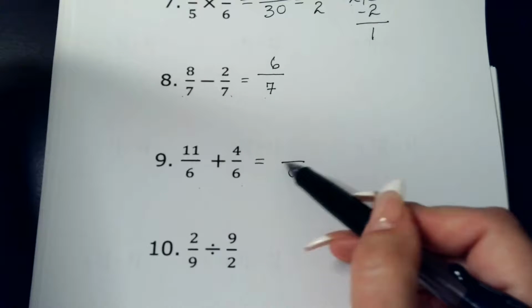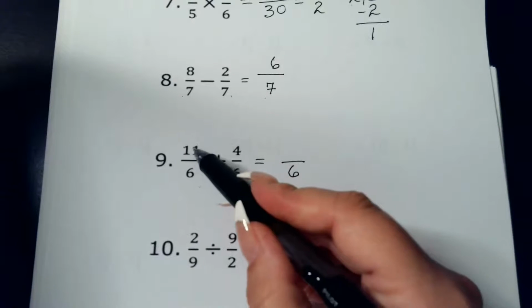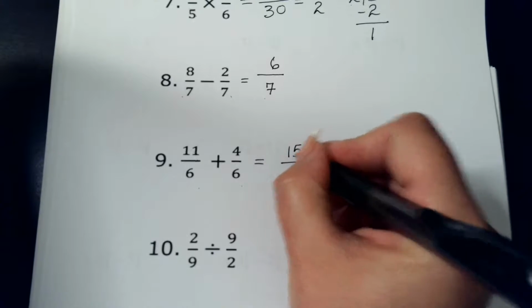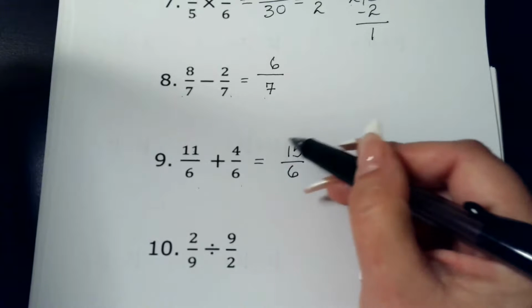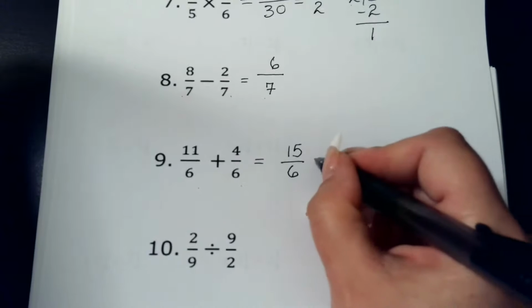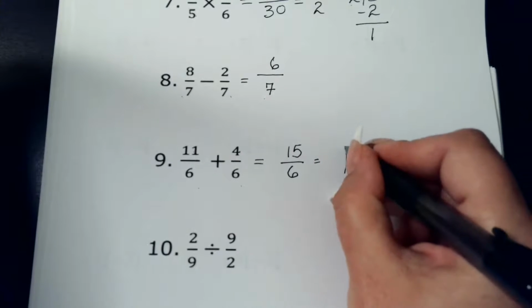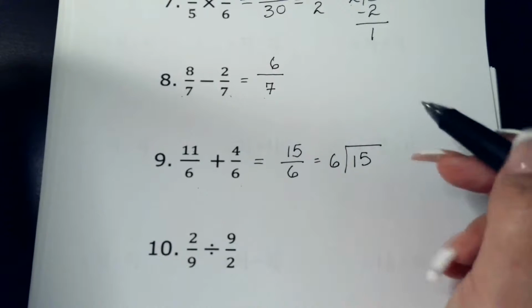In addition and subtraction, the denominator remains the same. 11 plus 4 is 15. Again, we have an improper fraction because the numerator should not be larger than the denominator. So we put our 15 inside the doghouse and our 6 denominator on the outside of the doghouse.